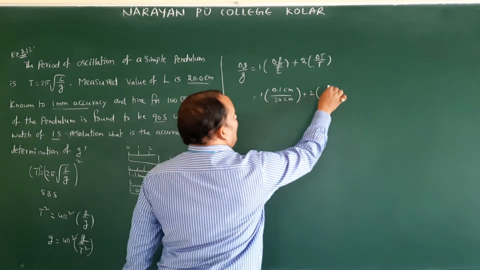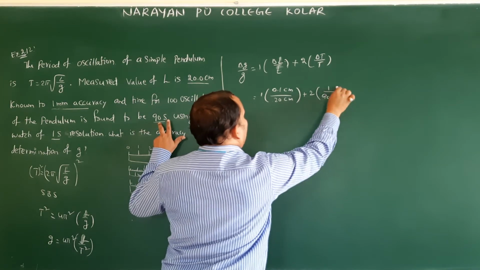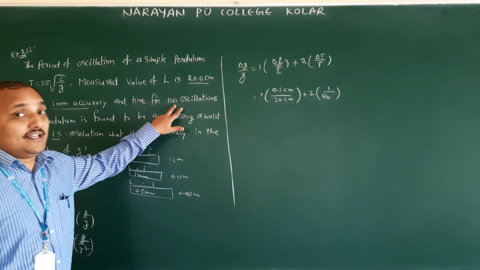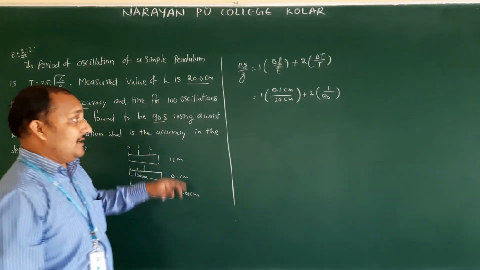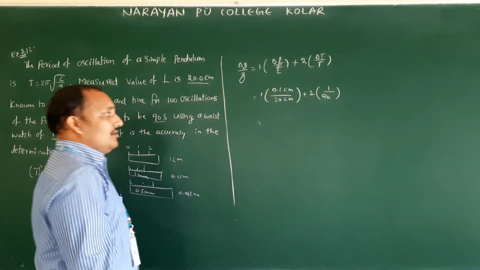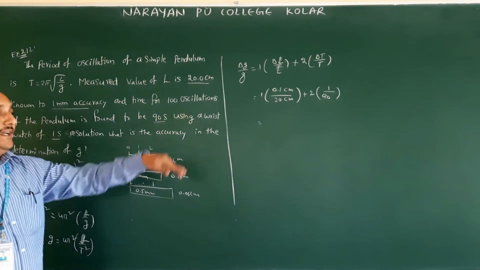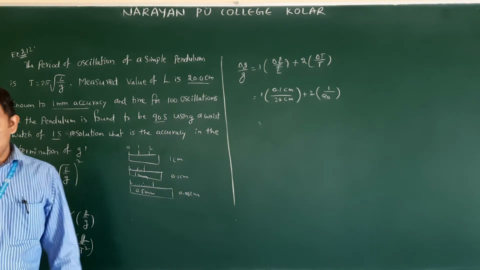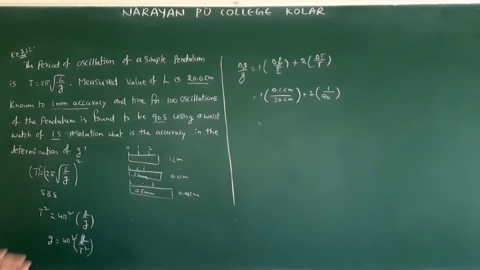So how much time you got? 90 seconds. 90 seconds for 100 oscillations. They are asking for 100 oscillations time period there. So you will be getting 0.1 by 20 plus 2 by 90.